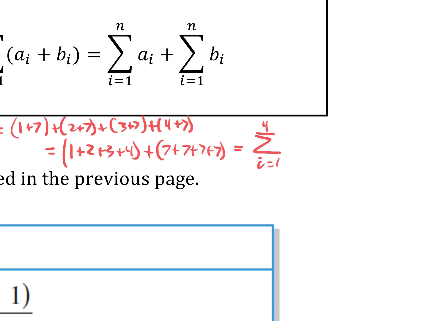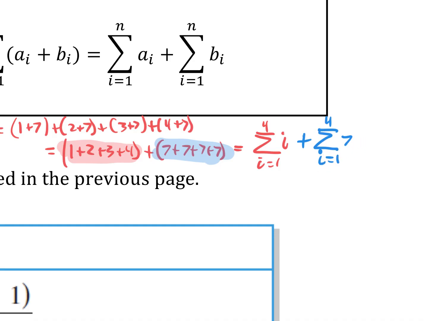And that can be written as the sum of i equals 1 to 4. Now this first part here, that's just the i numbers, so that can be written like this. And plus, this part right here can be written like this: the sum of i equals 1 to 4 of 7. Notice in this sigma notation there's no i. Each term is 7.